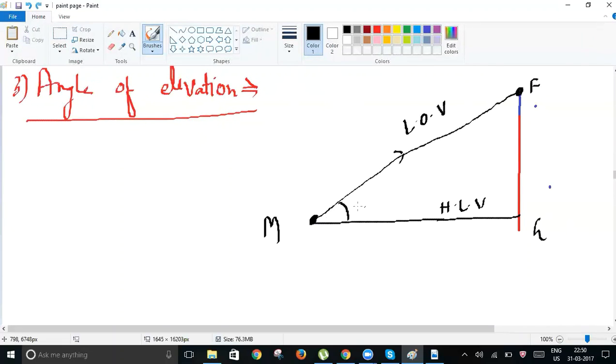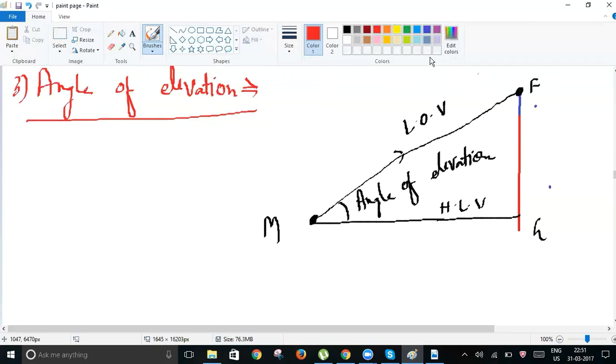The angle formed between horizontal line of vision and line of vision is called angle of elevation. Angle of elevation is only formed when you elevate your head to look at something. So when is angle of elevation formed? When you look at something and elevate your head to look at that thing, then this angle is formed.